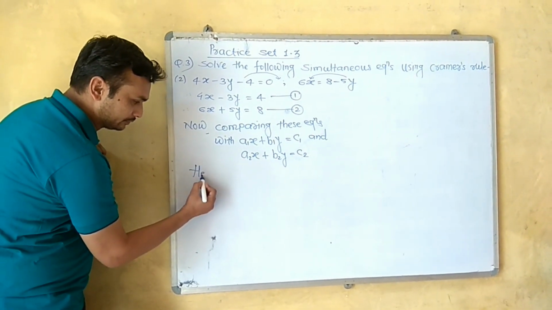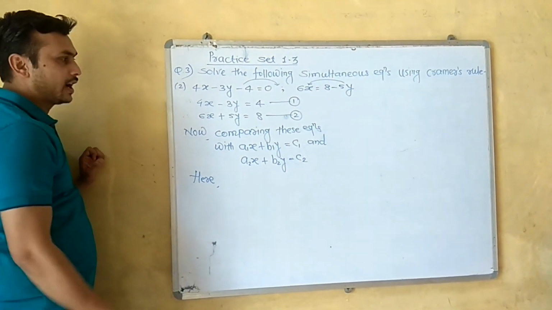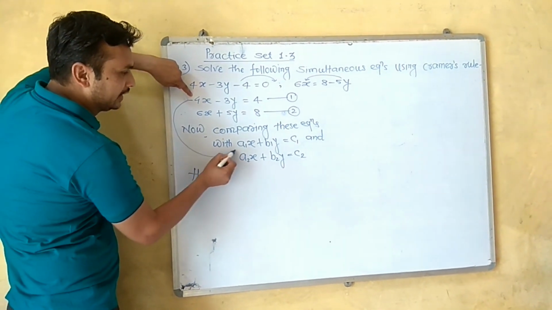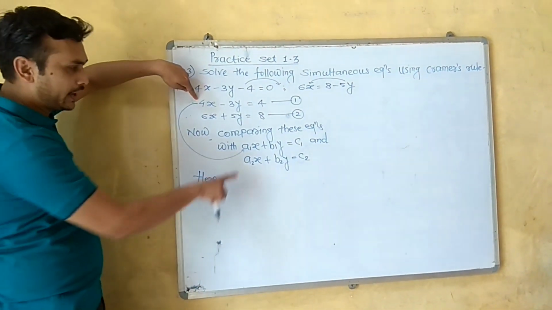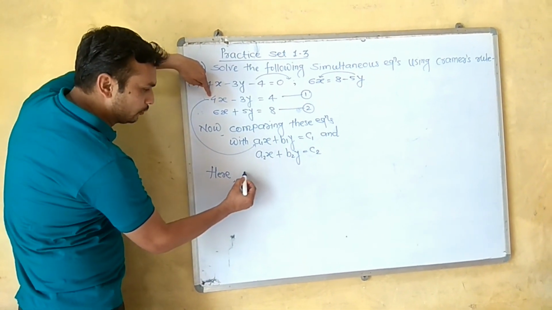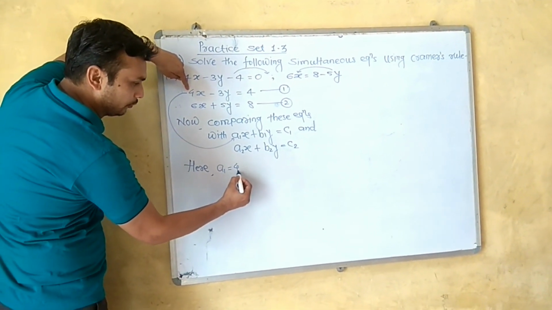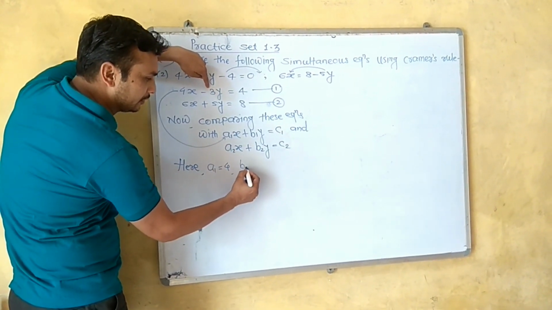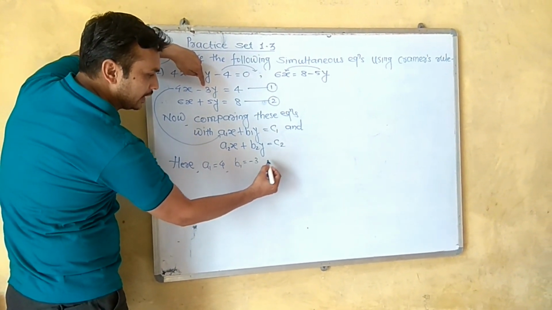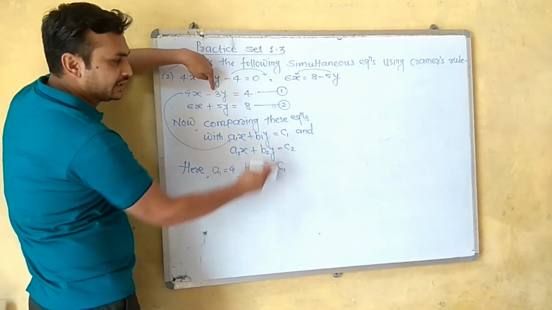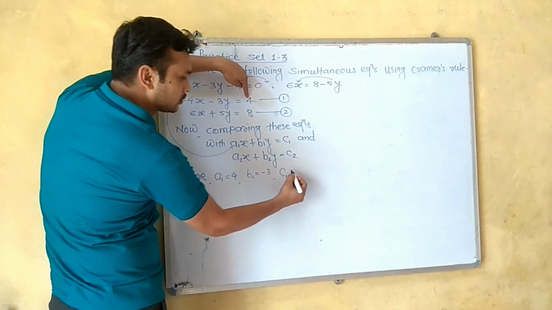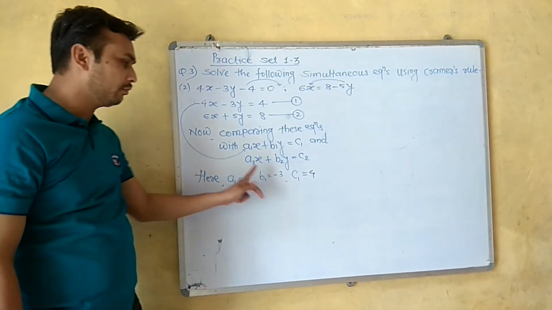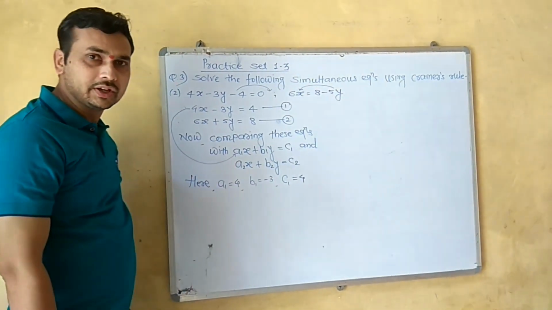Here, compare equation 1 with this one. So a1 is 4, b1 is minus 3, and c1 is equal to 4. So these are the values of a1, b1 and c1.